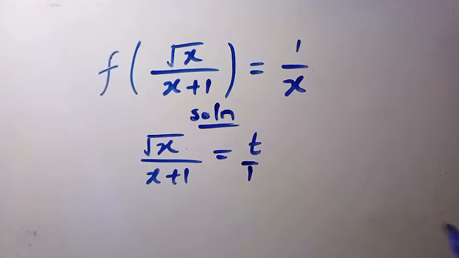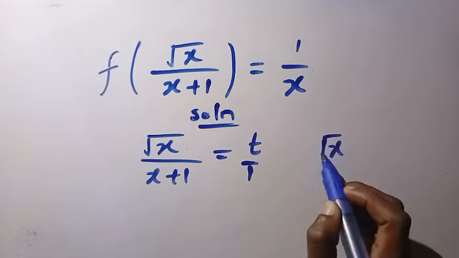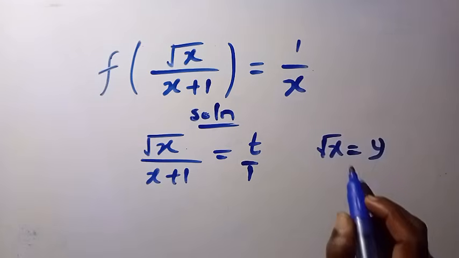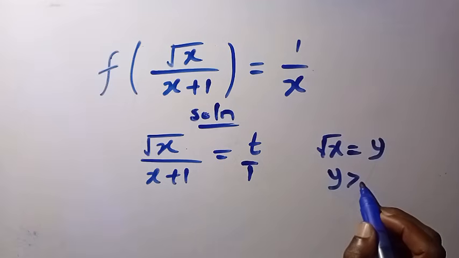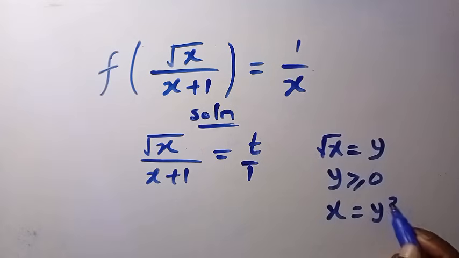So if I divide this t by 1 and I want to make x the subject of the formula, but to make it very simple, I let root x equal y, where this y is greater than or equal to 0. So for y greater than or equal to 0, we then have x equals y squared.